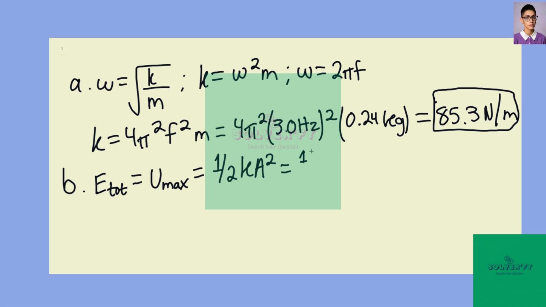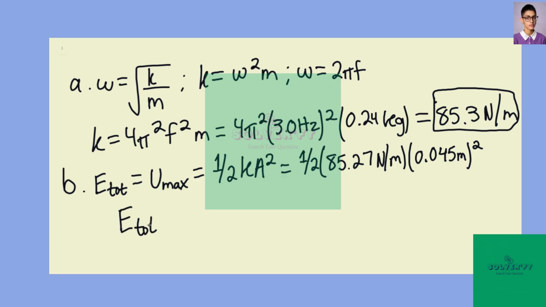And this will be equal to 1/2 times 85.27 newtons per meter, and then times the amplitude of 0.045 meters, quantity squared. And we have that the total amount of energy is equal to 8.63 times 10 to the negative second joules. And this would be our final answer for part B.